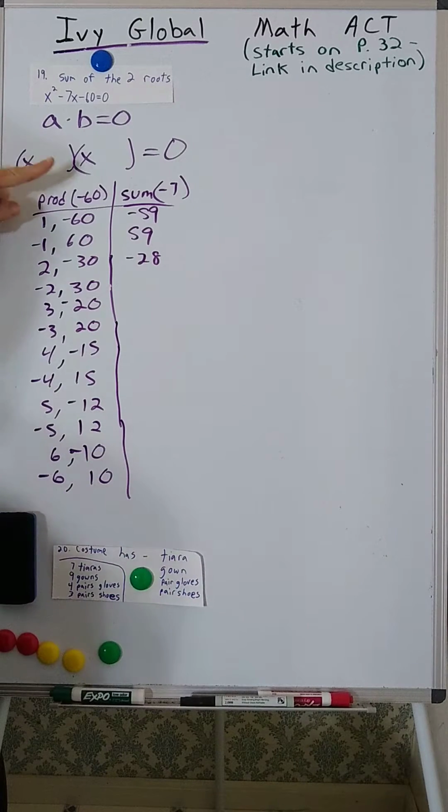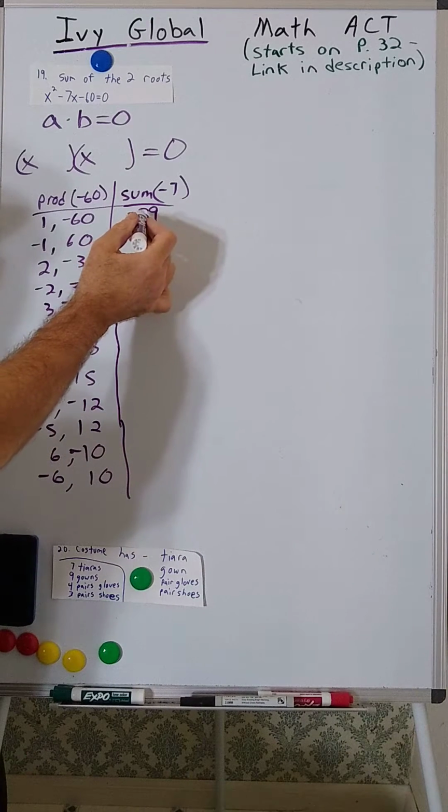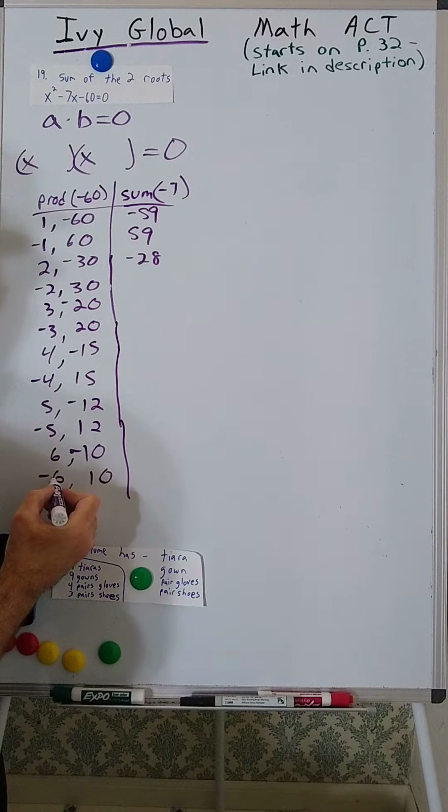Okay, 60 has a lot of factors, so we got a lot of these. And these aren't very close to 0, so let's try this.